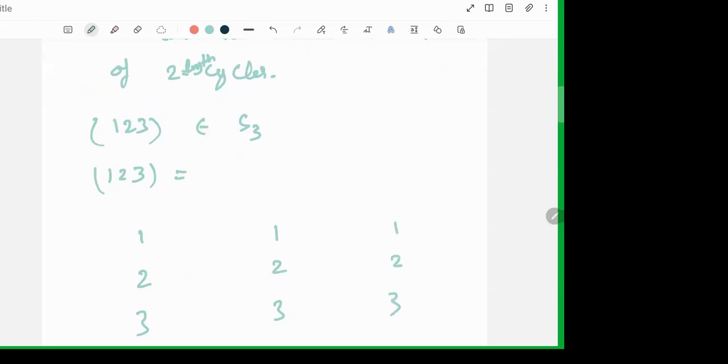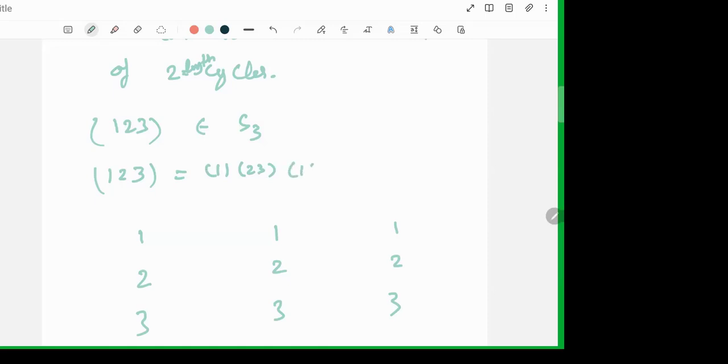Can you write some example? Suppose one way would be to write (1 2) and then (2 3). But this is different; you have to write it as a product of 2-cycles. So you want to say (2 3) and (1 3).